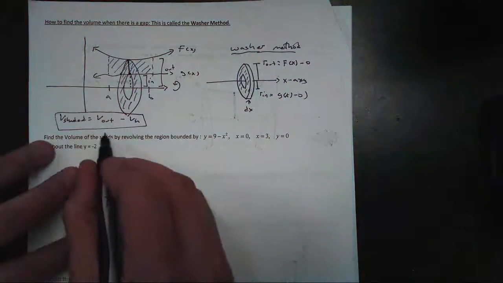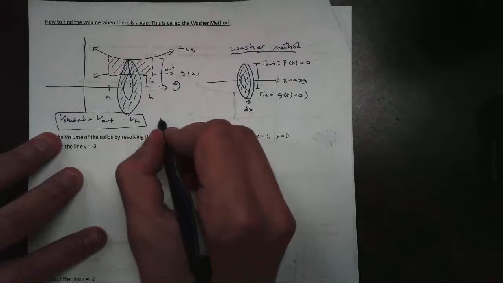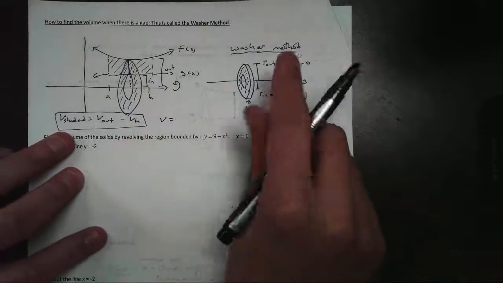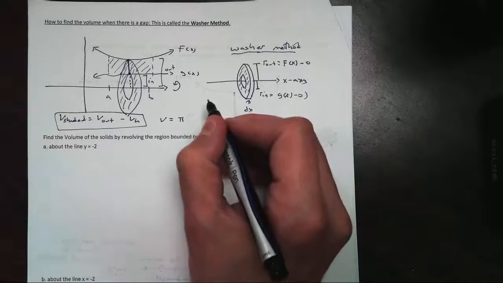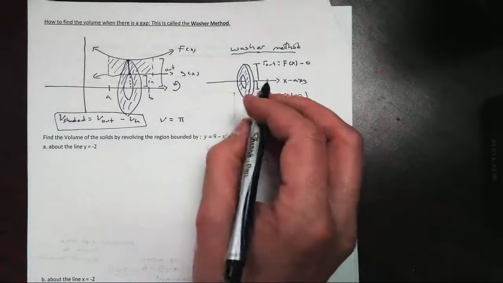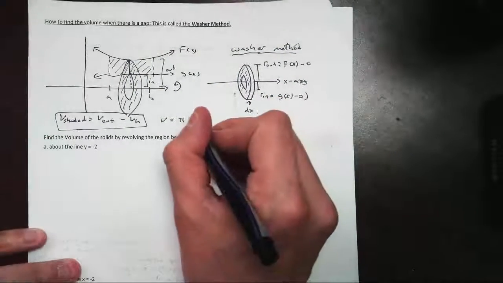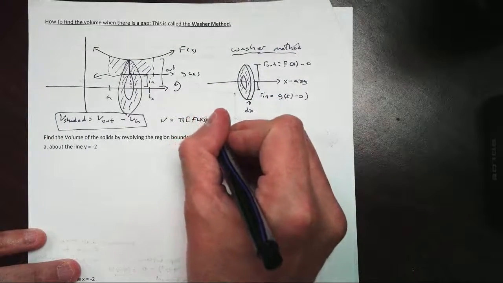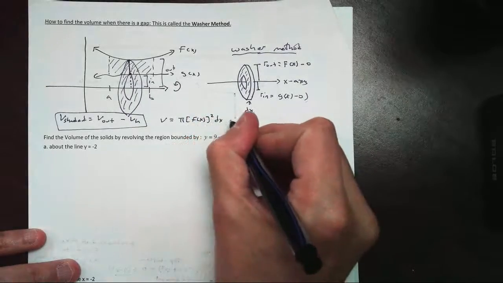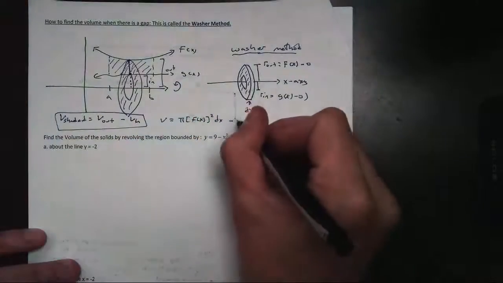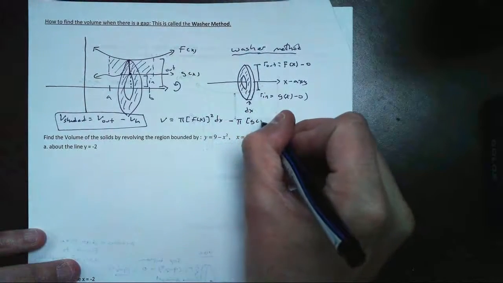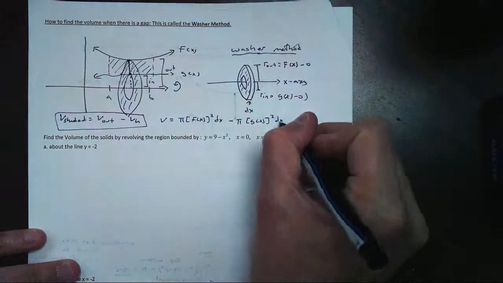So when I want to find the volume of the shaded region, it's going to be the volume of the outside, which is pi times the radius of the outside, which is just f of x. So I get pi f of x squared times the thickness dx, now minus the volume of the inside, pi g of x squared dx.